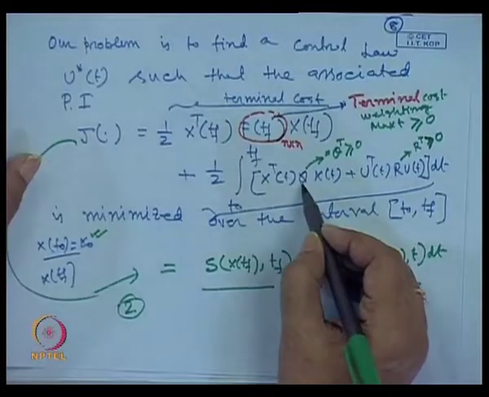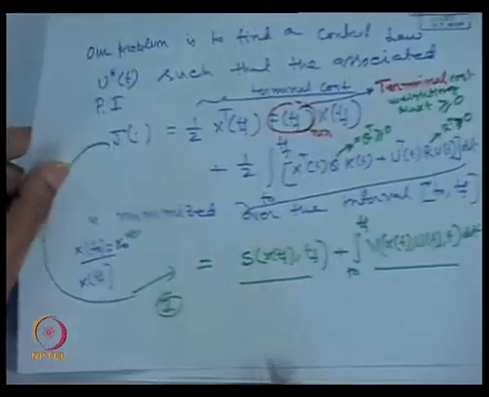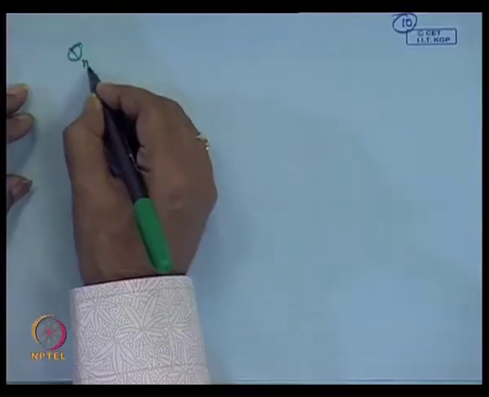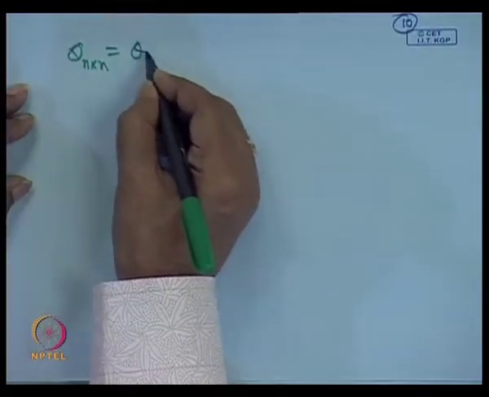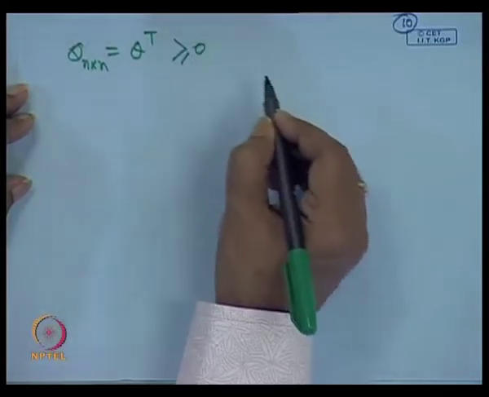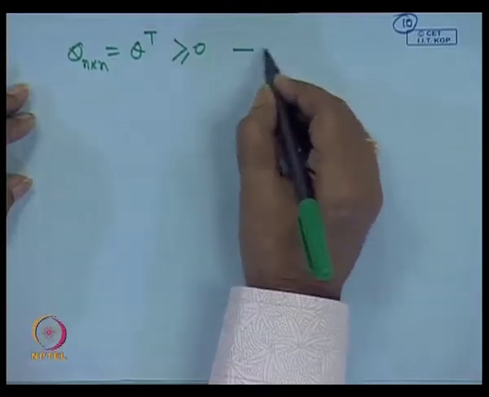Now, the physical significance of this weighting matrix: Q is called the state weighting matrix. Its dimension is n cross n, Q equals Q transpose, and it is a positive semi definite matrix.